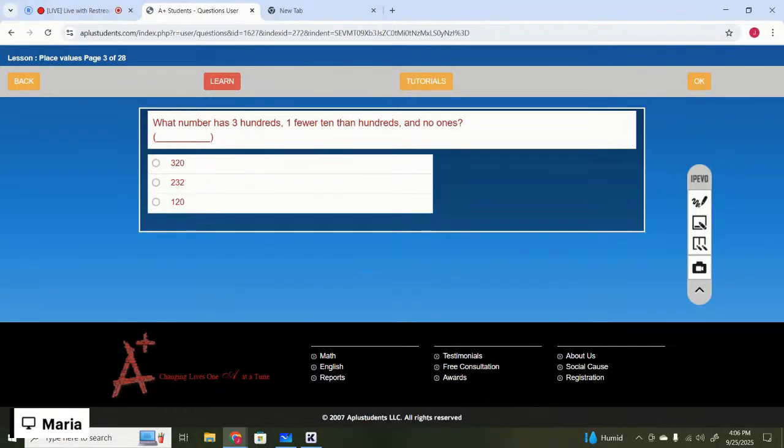What number has three hundreds, one fewer ten than hundreds, and no ones?